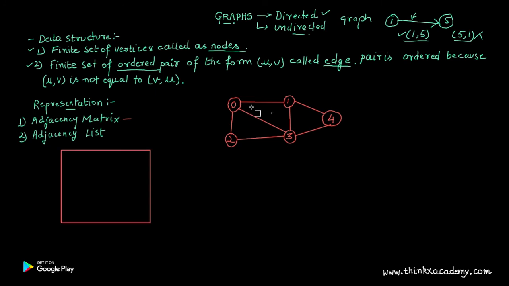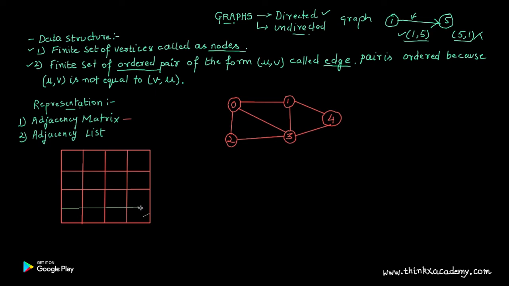Since these are the 4 vertices, we are going to create a matrix of 4 by 4 length. Sorry, 4 into 4 means 16 boxes. So 4 by 4.